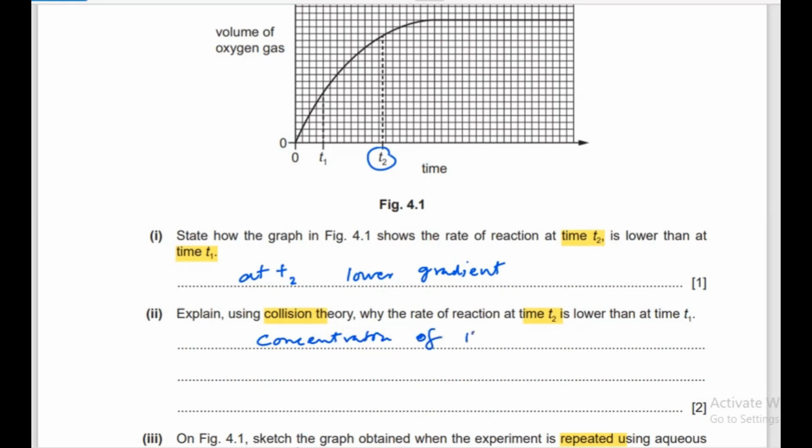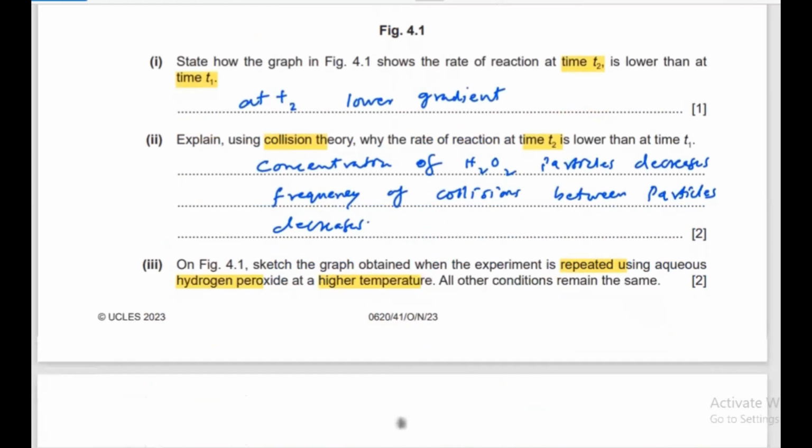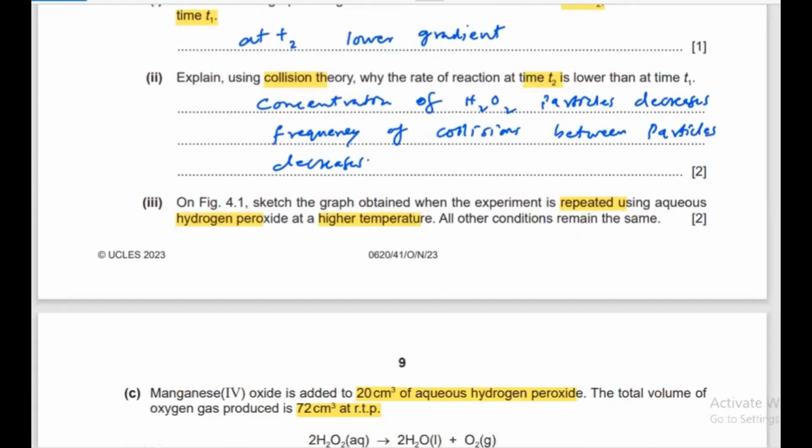When the time passes, the concentration of H2O2 particles decreases, and then the frequency of collisions between these particles will also decrease because now we have a smaller number of particles. So this is the explanation on the basis of collision theory.